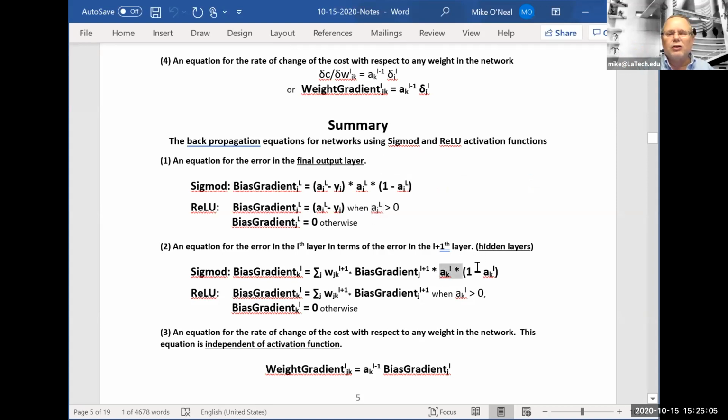Again, you can see that all that changes is this gets swapped out for a 1, which I don't even write down, when the output's greater than 0. This gets swapped out for a 0 when the output is less than or equal to 0. And so because this would be swapped out for a 0, this whole thing goes to 0 here. And again, calculating the weight gradient doesn't change at all.